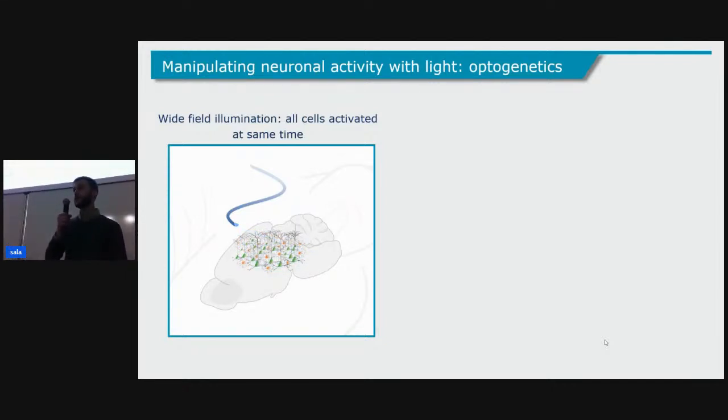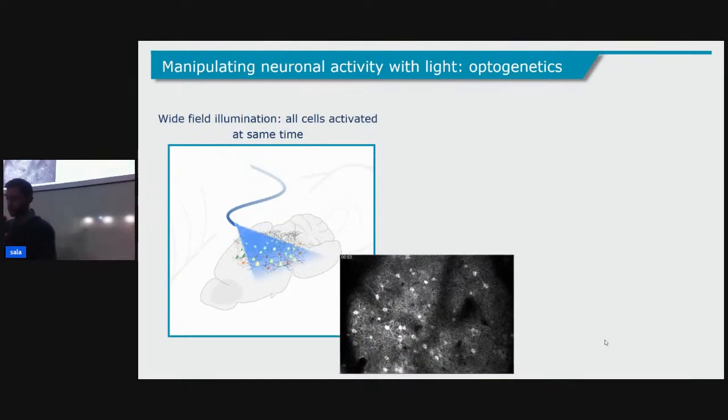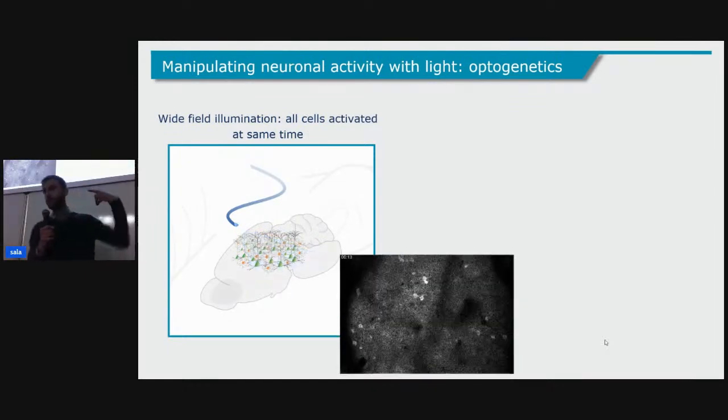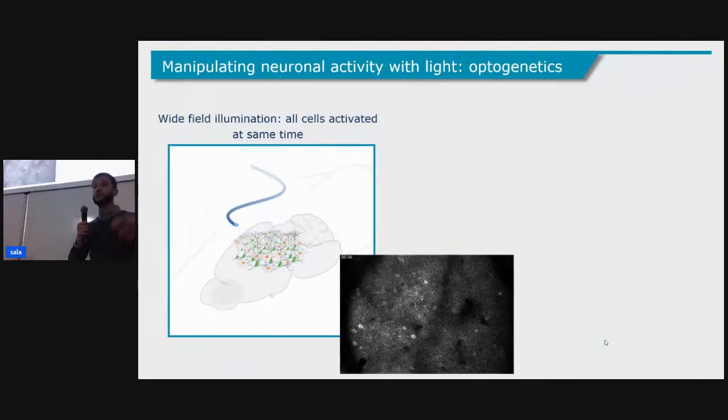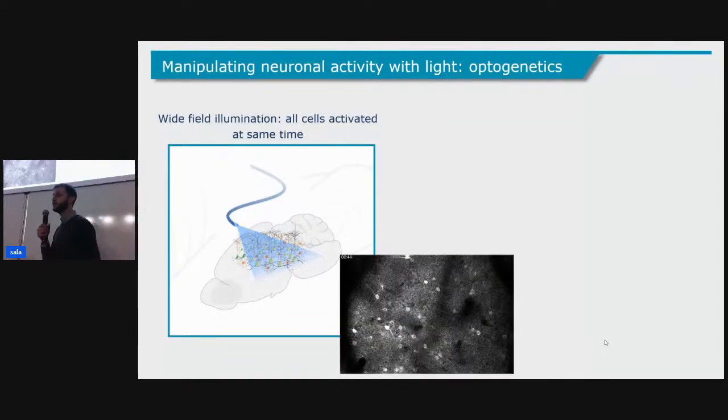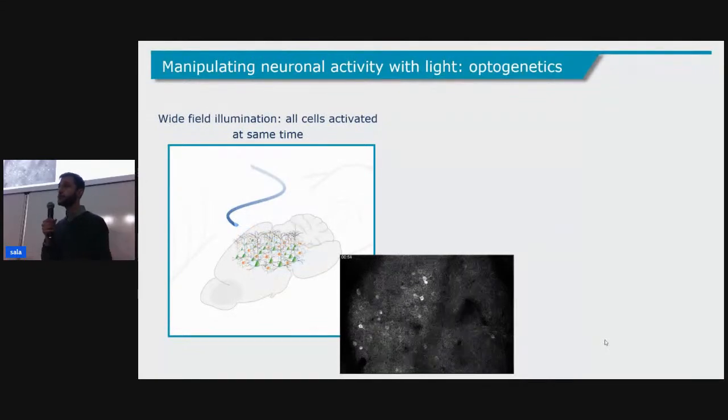And this is very good if you want to understand how a certain brain region, for example, generates or influences behavior. However, this is clearly not the way to go if we want to reproduce or interfere with this activity. We want to be very precise on individual neurons, probably on groups of neurons, but we definitely do not want to excite everything at the same time, because this is not what the brain does.